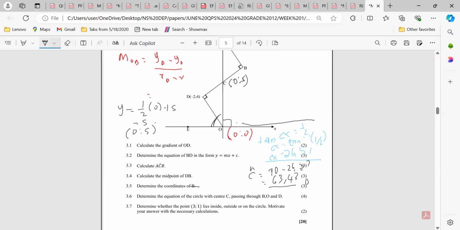We have the midpoint, we are looking for a point. So I'm going to tell them, number 1.